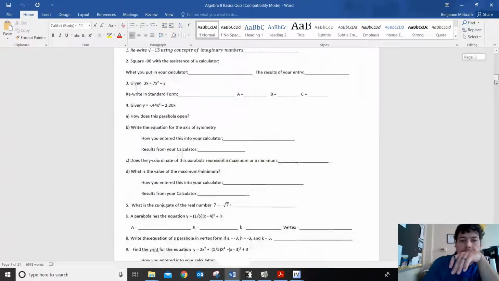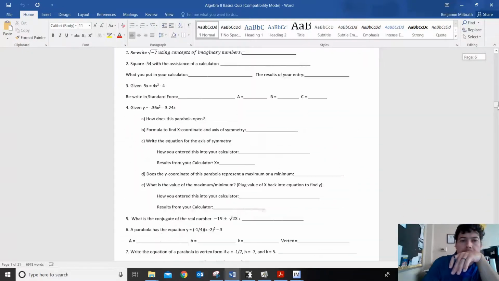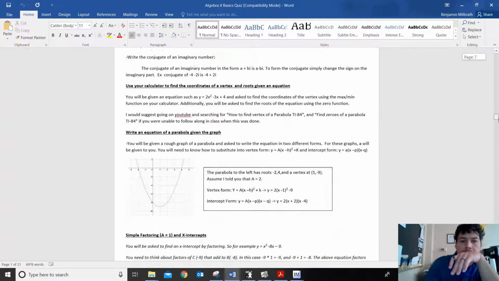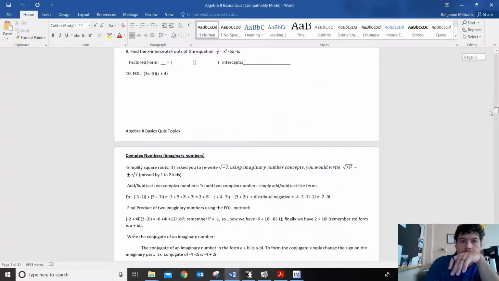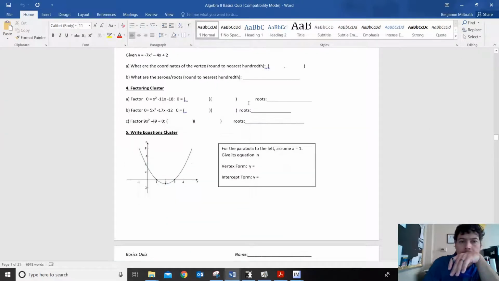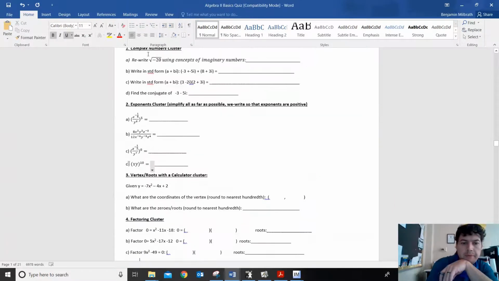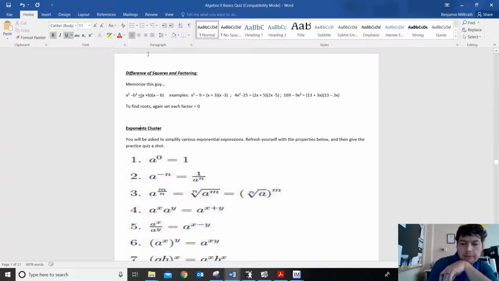That did show up on a zoom 6, didn't it? I thought it was supposed to. What are you doing?